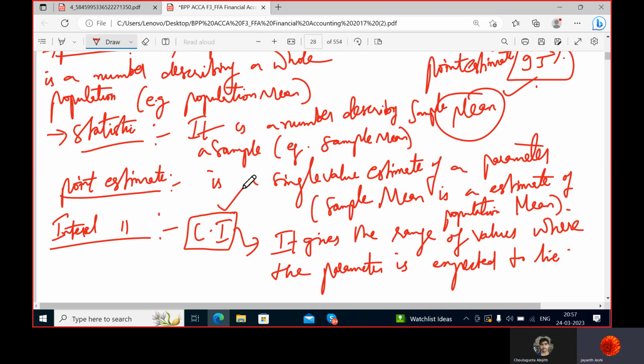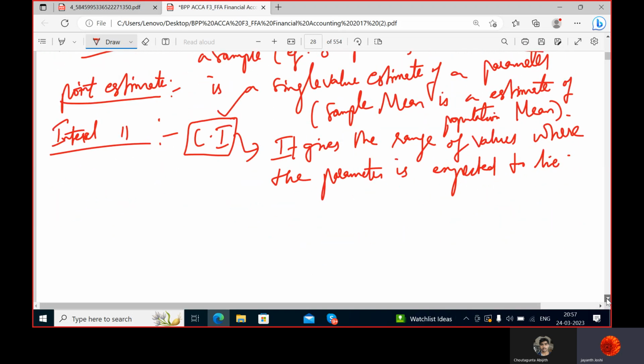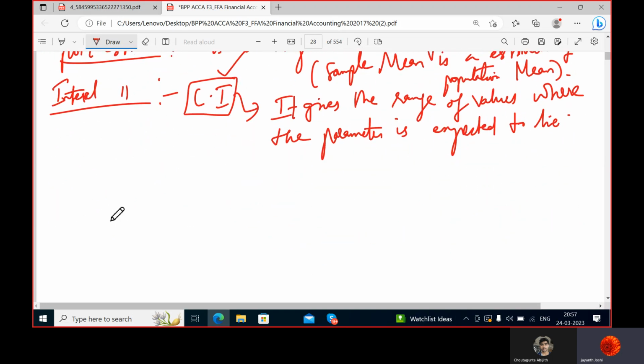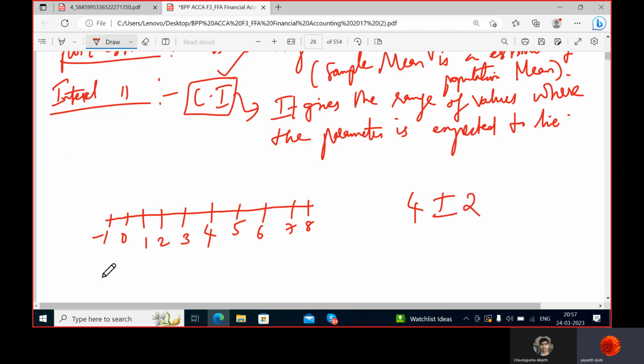Now we can go for the detailed explanation of this confidence interval. Please properly understand this one. So I'll draw a confidence interval in front of you. Let's say these are the range of values. Here the mean is 4, and the scale goes 5, 6, 7, 8 and 3, 2, 1, 0, minus 1. So now 4 plus or minus 2 means what? 4 plus 2 is 6, 4 minus 2 is 2.